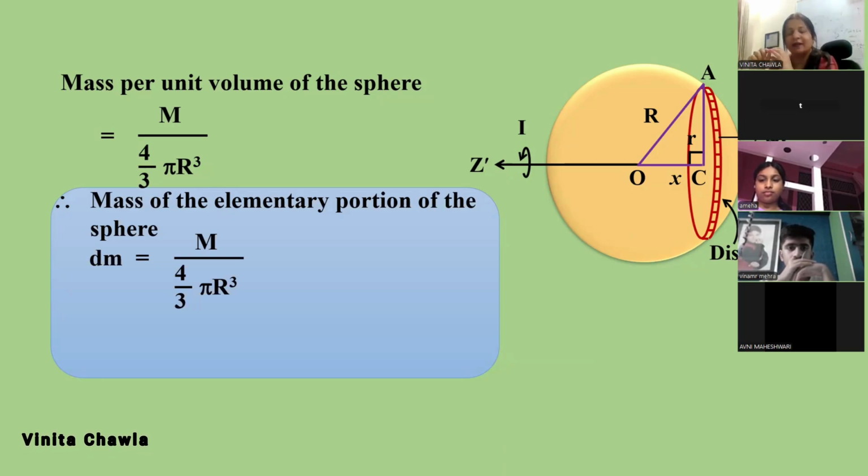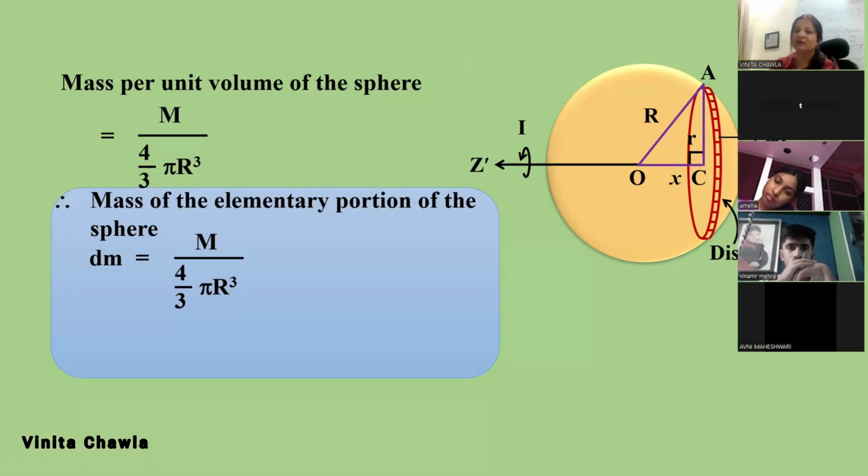If we want to find the mass of the elementary portion, we always assume in these derivations that mass is uniformly distributed. So whether we are taking mass per unit length, area or volume, we assume we get the same mass.